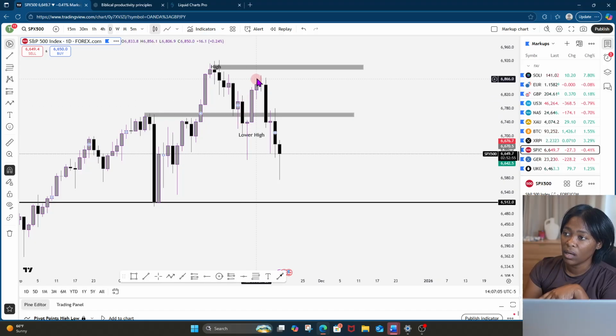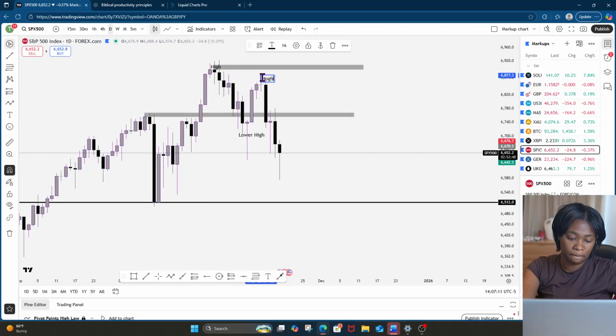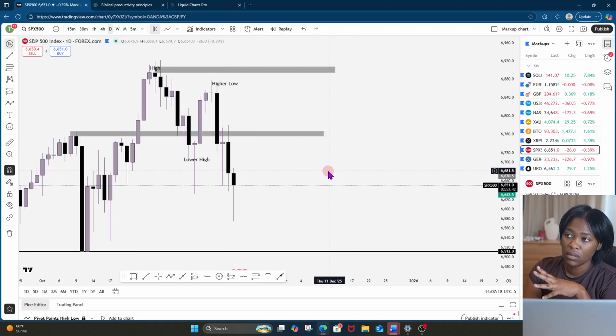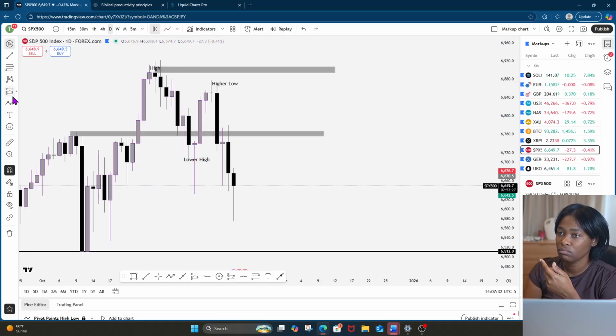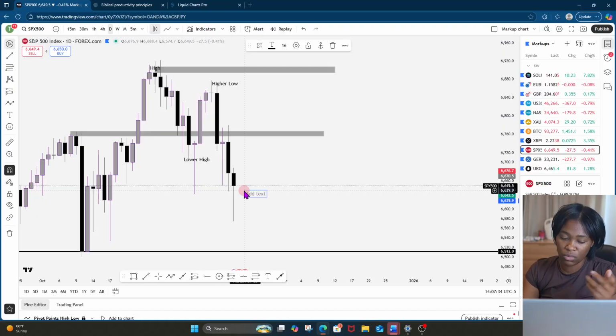Then it goes up and it actually makes a higher low right here. And so it never came back and broke through this high, but instead it created a higher low. So what can you anticipate is going to come after a higher low? A lower low. Okay, which is what's happening right now.